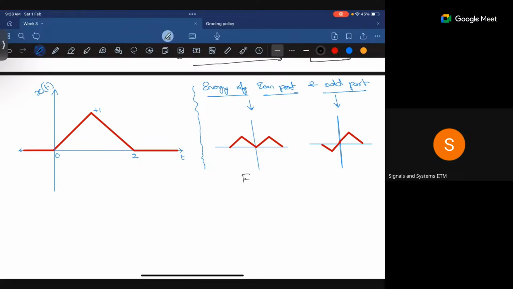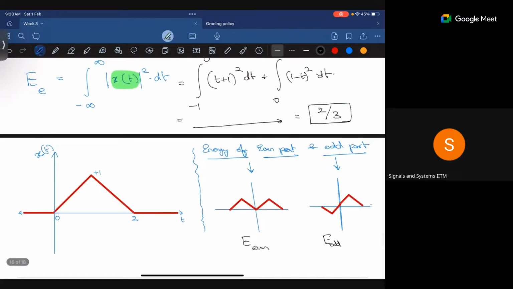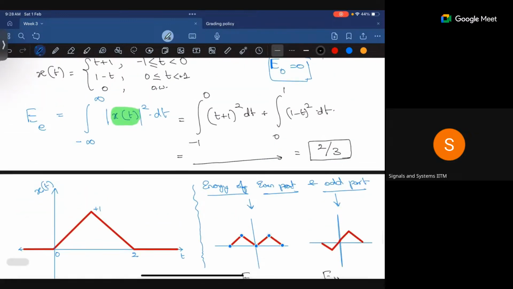Okay, so find the energy of the even part and the energy of the odd part. And once you find the energy of the even part, you can observe here that the energy of the odd part will also be... no, not 0, there is a square here.